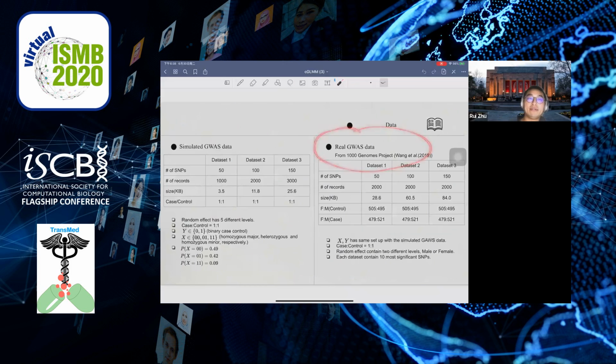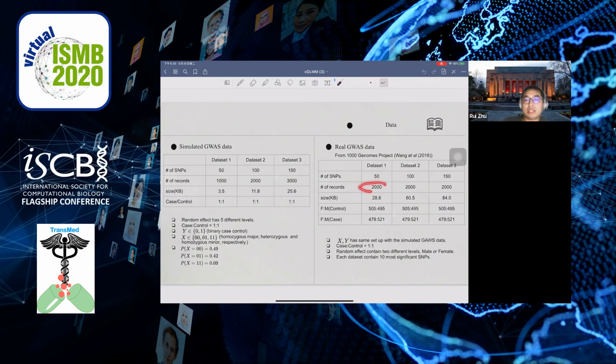For the real GWAS data, we used data from the 1000 Genomes Project. The setup is similar to the simulated data. We have 3 data sets, respectively with 50, 100, and 150 SNPs. In each data set, 10 SNPs are significant.